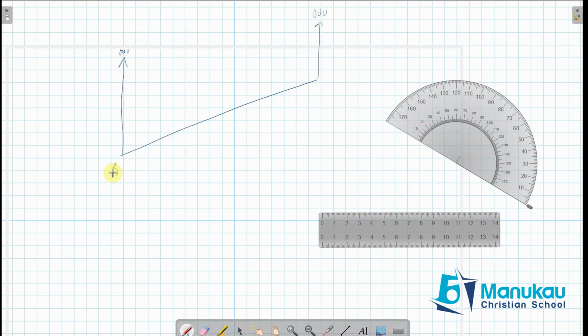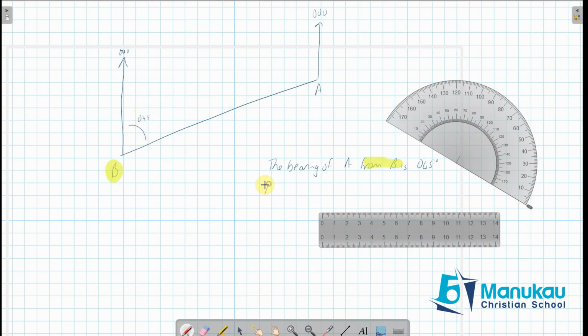Let's say that this is B, and this is A. And let's say the bearing of A from B is, let's say, 045, for example. What that means, remember, we quickly look at the from, that means that's where we're starting. So we're starting here from B. So that means that we've got this here as 0, 4, 5.